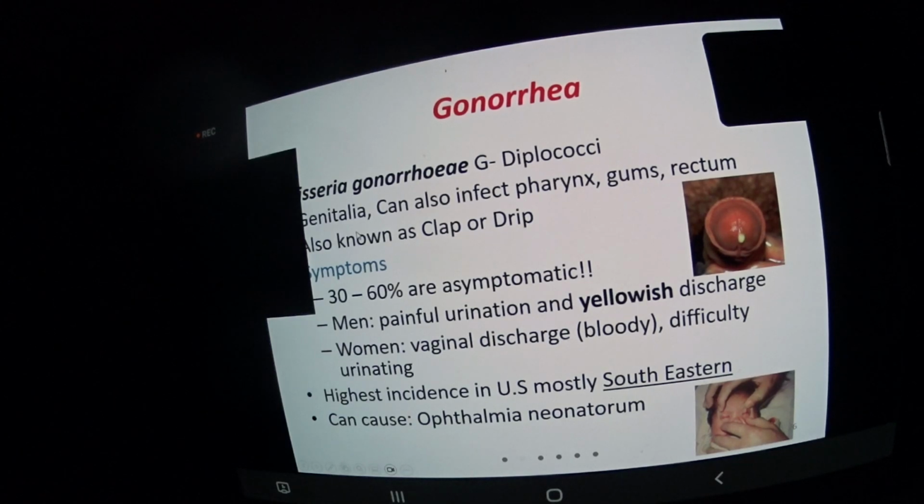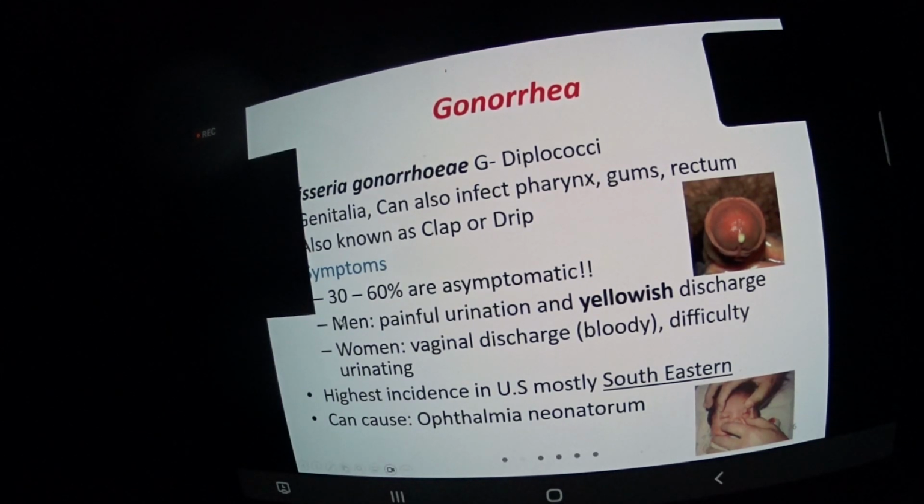Because of that, you can have it in the genital tract, you can have it in the mouth and gums, and the anal opening. It could show signs and symptoms there, so keep that in mind.